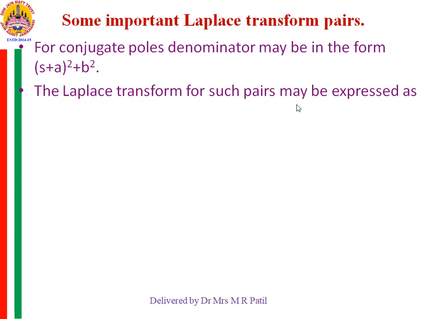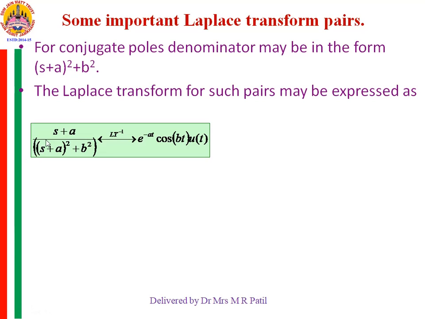Combining the two conjugate poles, you get s square plus 2as plus a square plus b square, which you write as (s plus a) whole square plus b square.